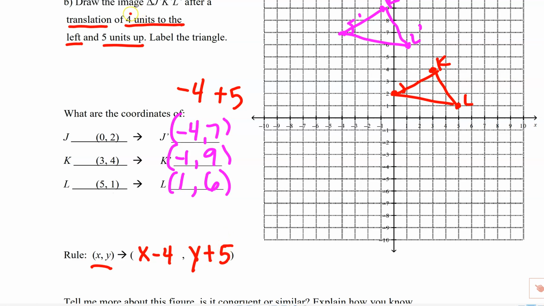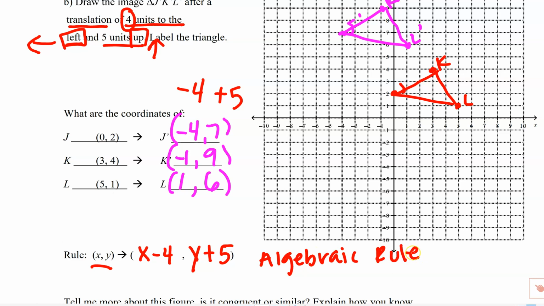These are the numbers that are here: 4 to the left and 5 up. So before we get into that, it tells you what happened to each of the points, and that's how you write your algebraic rule.